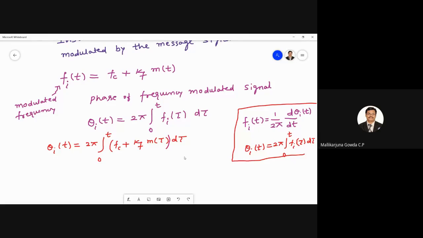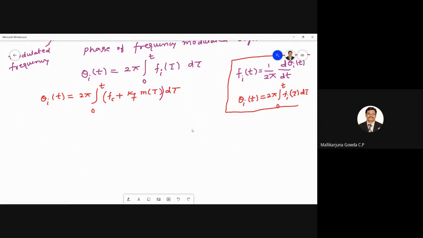Just do the simplification. What we can write theta i of t as: the first term is 2 pi fc t, plus 2 pi kf integral 0 to t m of tau d tau.